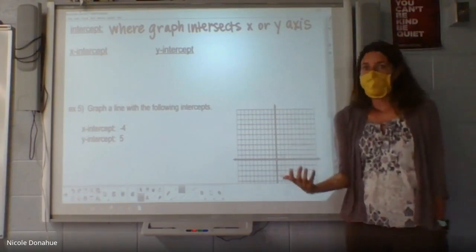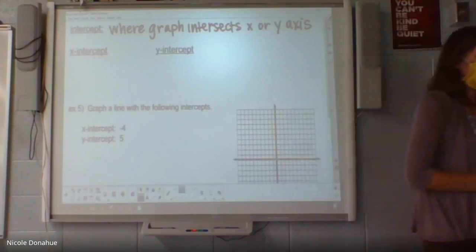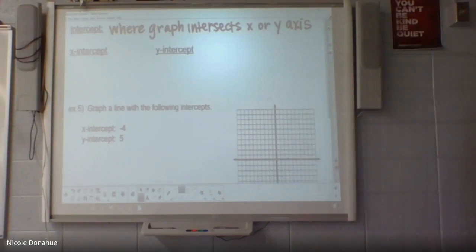So where do you think the x-intercept is? It's the x-axis, so it's where the graph hits the x-axis.